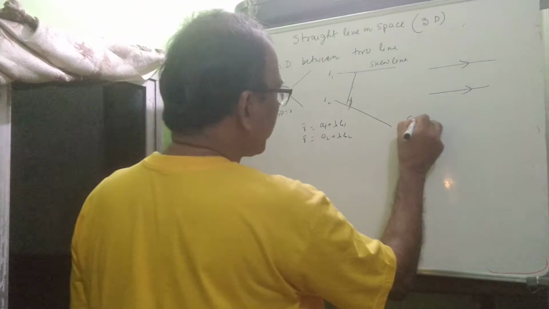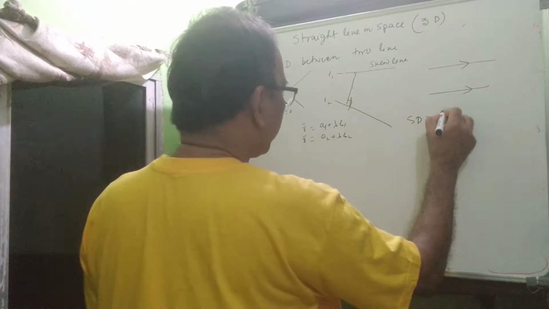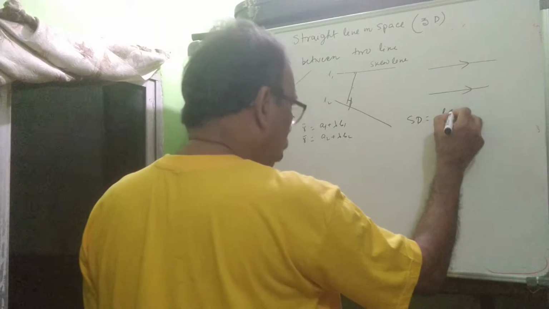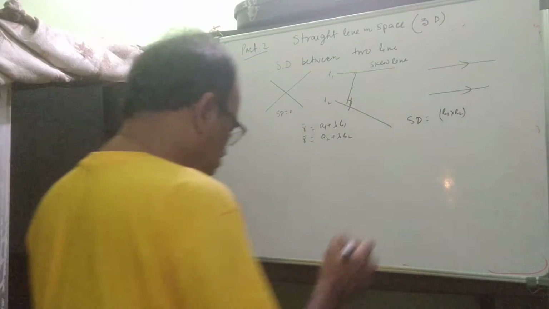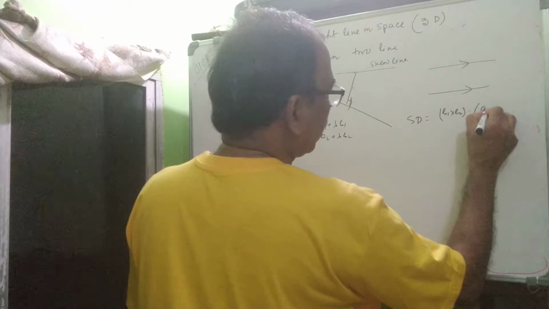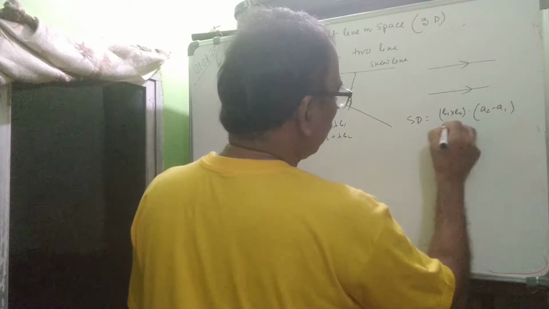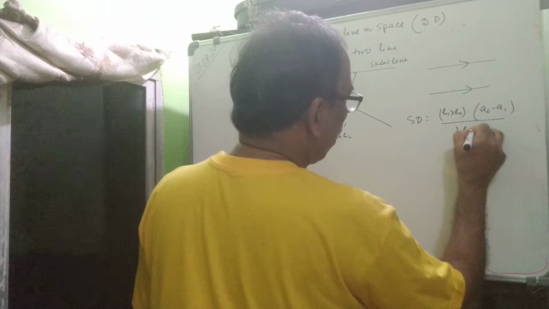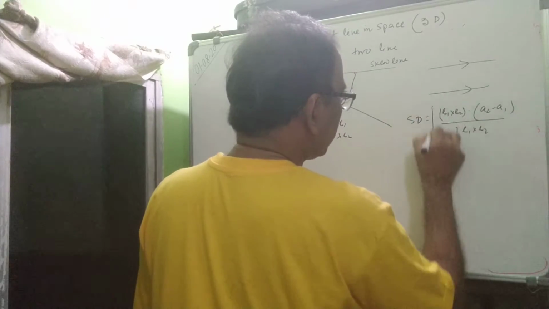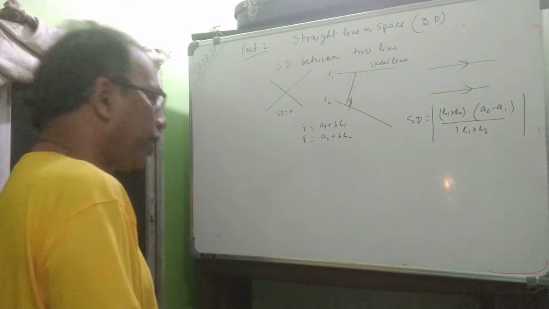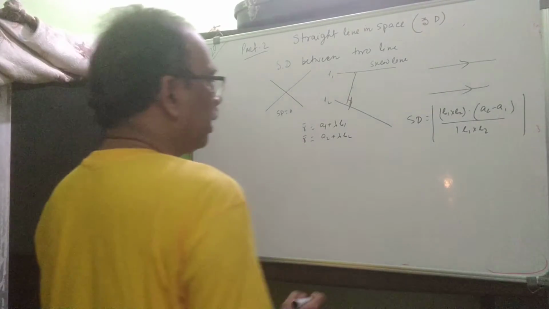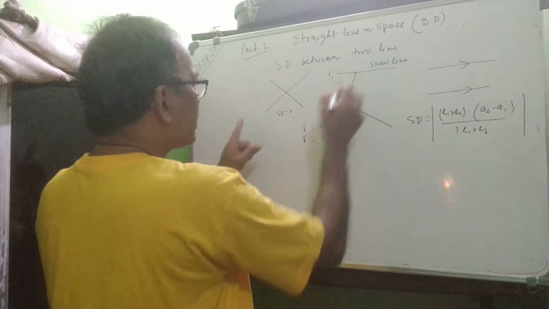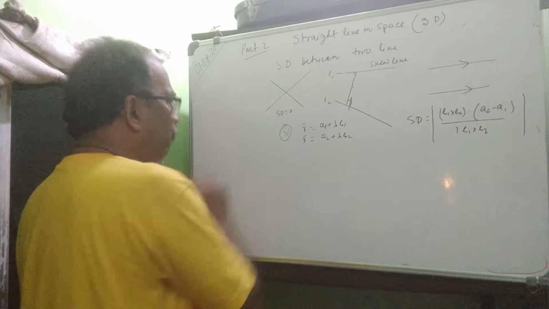Then the shortest distance between two skew lines is (B1 cross B2) dot (A2 minus A1) over the modulus of B1 cross B2. That is the formula for the shortest distance between two skew lines, in vector form.